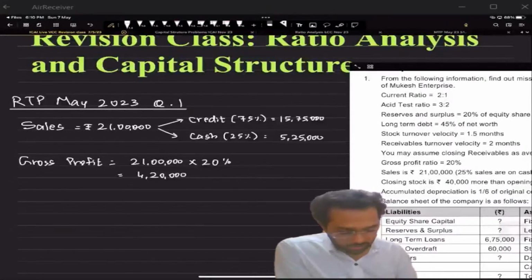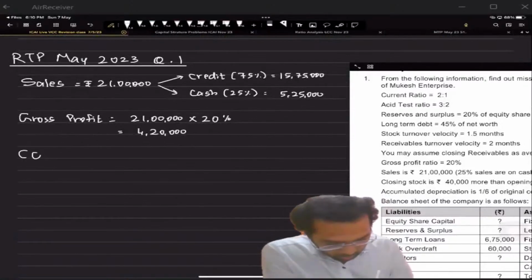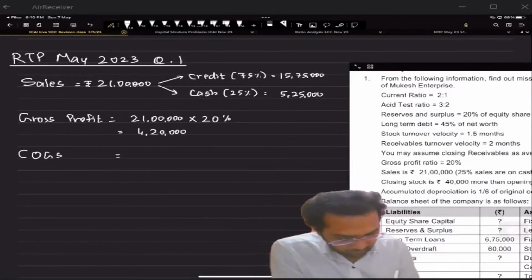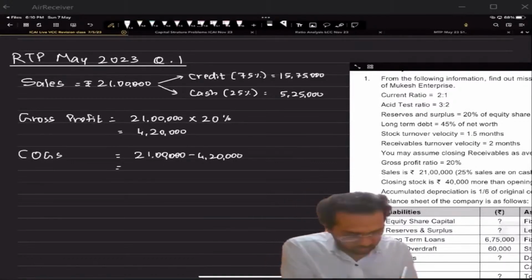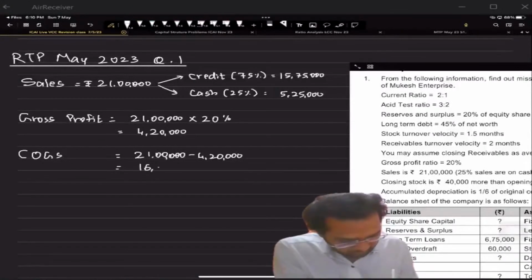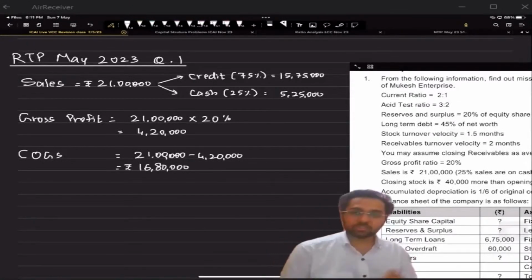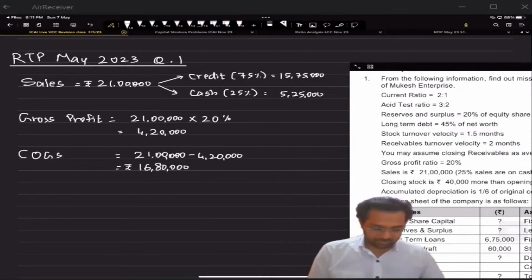Accordingly, our cost of goods sold will be 21 lakh minus 4 lakh 20,000 of gross profit, which translates to 16 lakh 80,000 as the COGS.